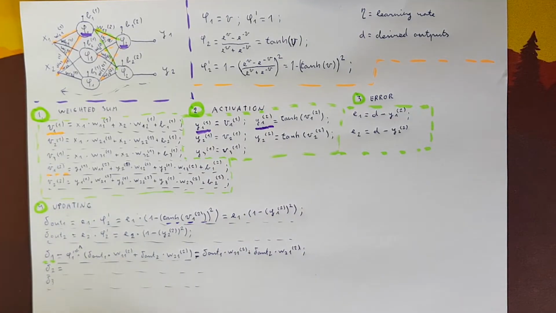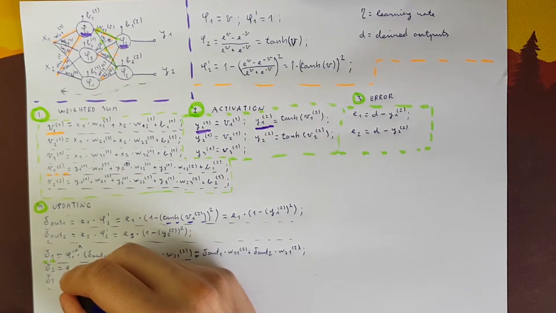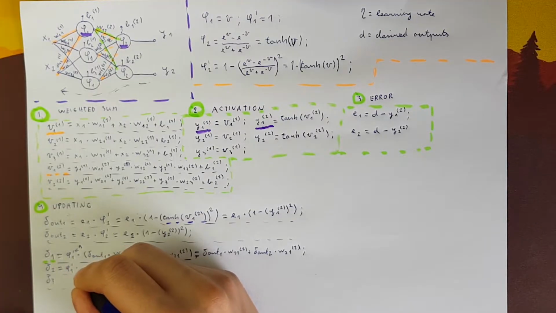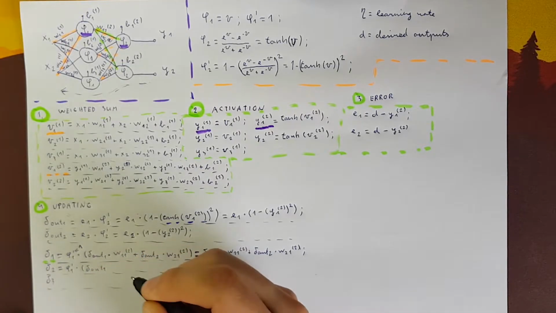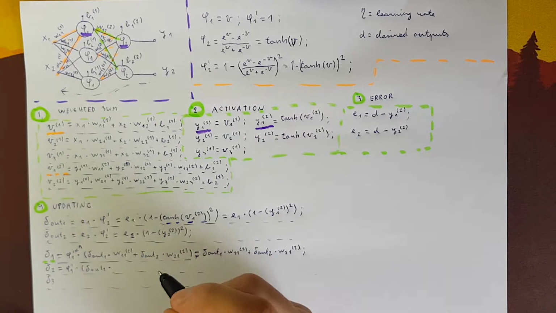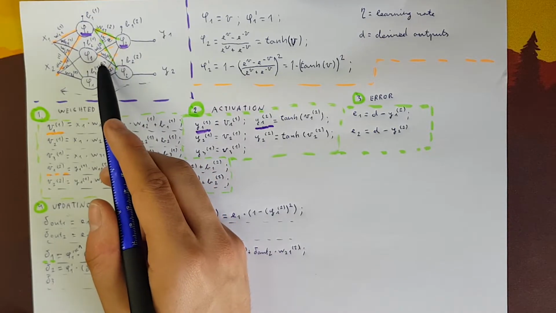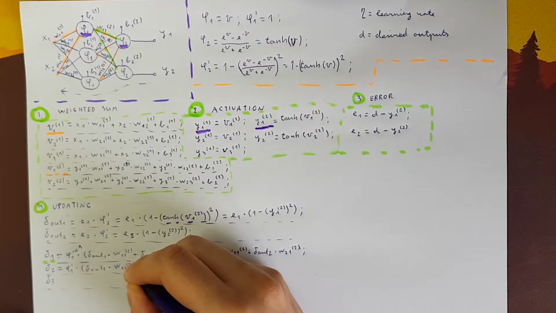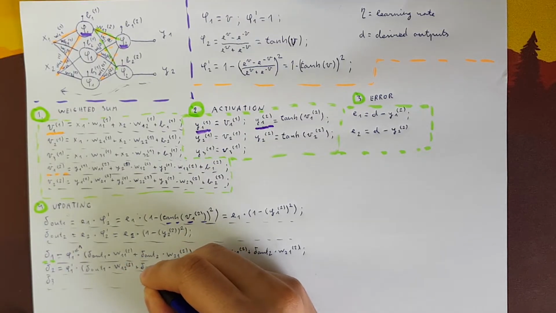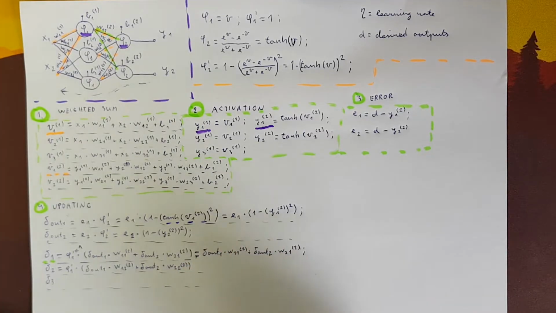So let's calculate the delta 2 and delta 3. So phi 1 derivative is multiplied by delta out 1. For the second neuron of the first layer, it is W12 and W22. So W12 of the second layer, plus delta out 2 multiplied by W22 of the second layer.